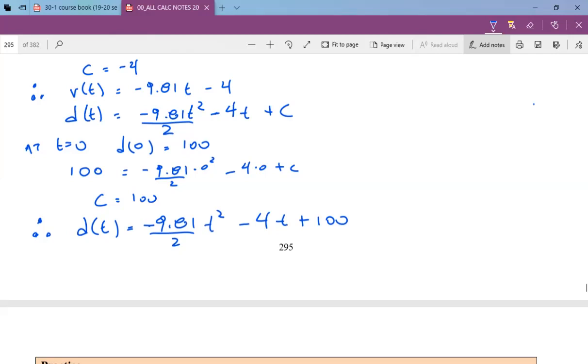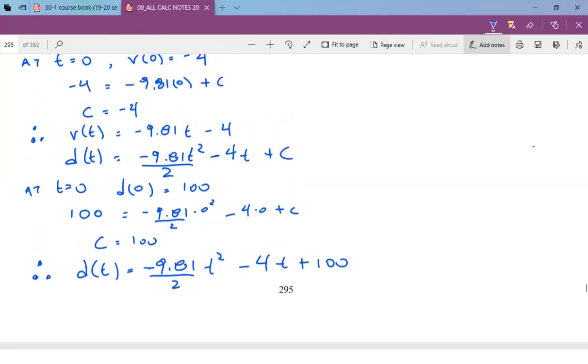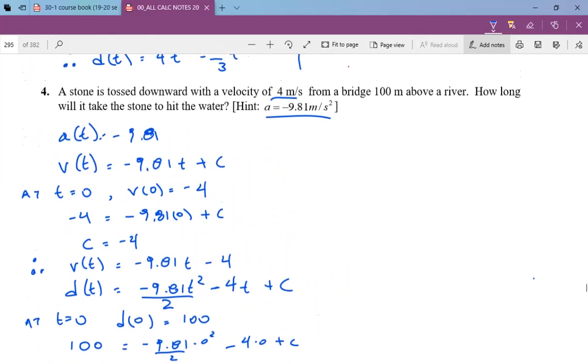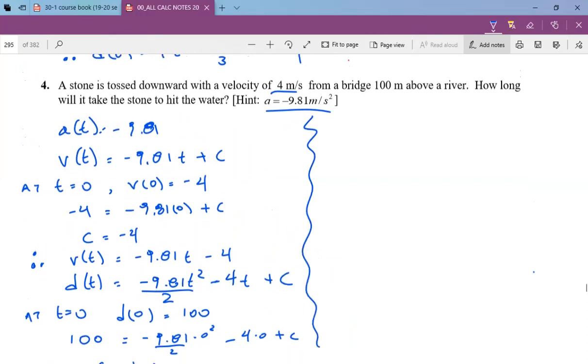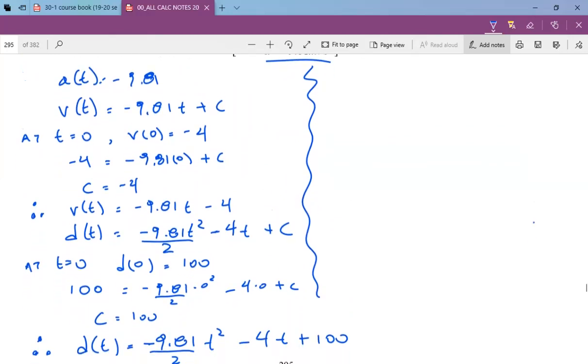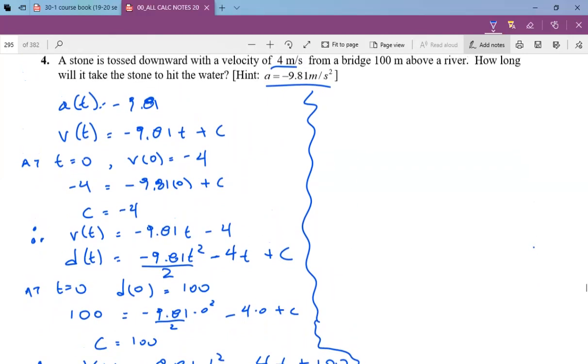And so that all fits into place, and we've just come up with all of that based off of 9.81 being acceleration, and explained why.